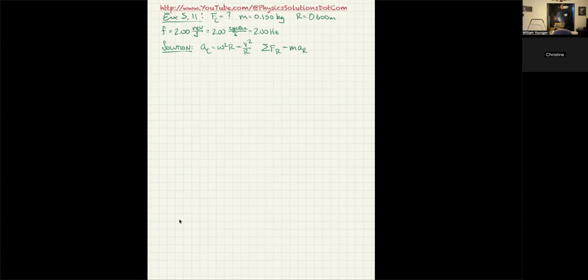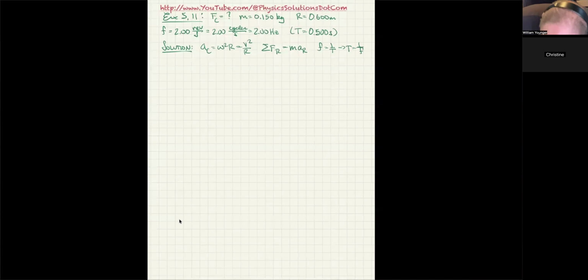And in this case, the acceleration is going to be radial. We also have that frequency is 1 over the period, which is sort of what they use because they told us T is equal to 0.500 seconds. You can realize that if f is equal to 1 over T, then T is equal to 1 over f.